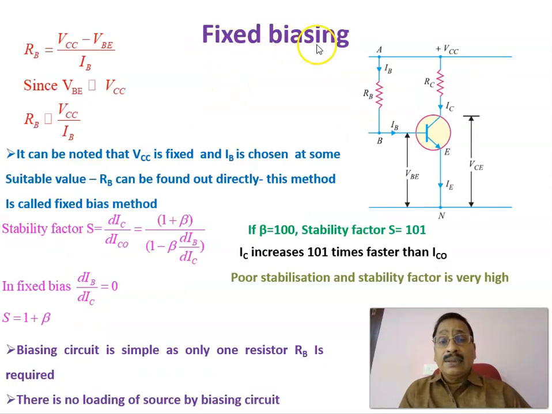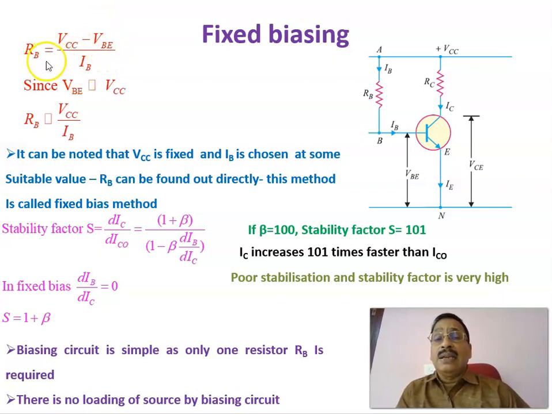Continuing the fixed biasing technique, we have already seen this figure. A resistance RB is connected between VCC and base, and here RB equals VCC minus VBE divided by IB. Assume VBE is a very small value, very much less compared to VCC.